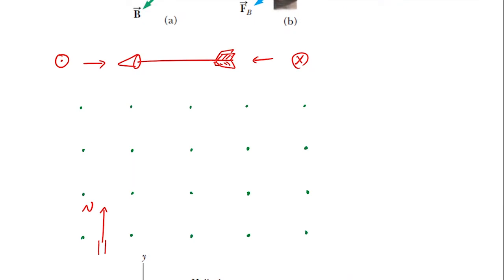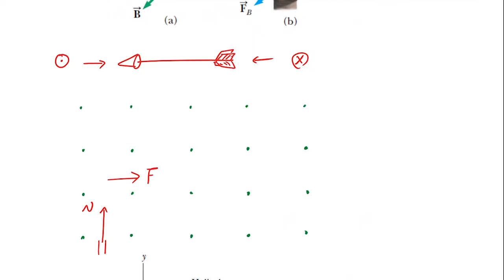Right. Now let's figure out the direction with our right-hand rule. Which way is the force, right? The force is going, coming out of the page, right? And then you align your thumb, the field is coming out of the page. You align your thumb along your velocity, and then you see your force is that way, right?